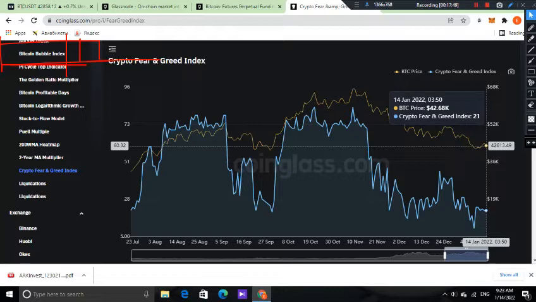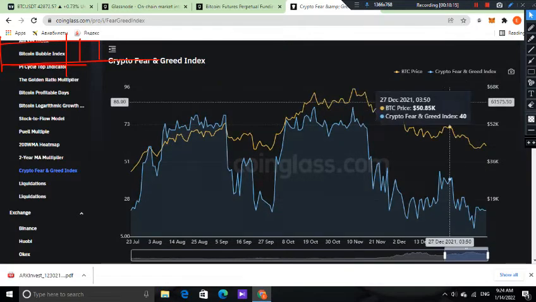So it makes sense when price goes up, a lot of people want to make money, so they become greedy. But when price crashes, they want to reduce their loss, and they want to get out of their positions, and they want to sell everything they got.